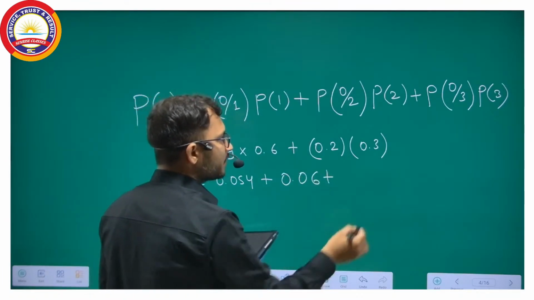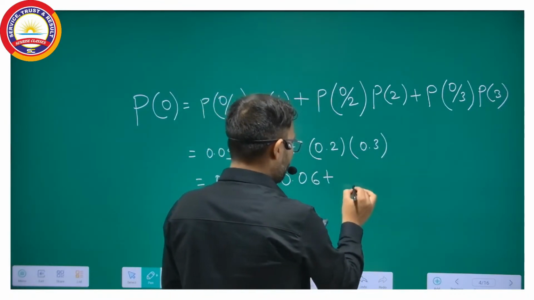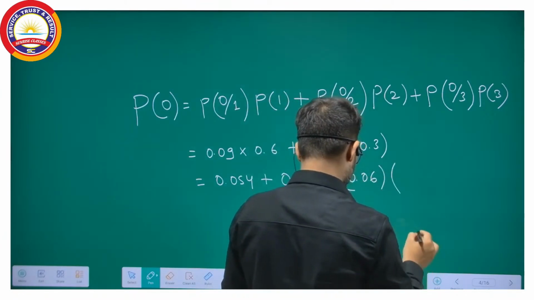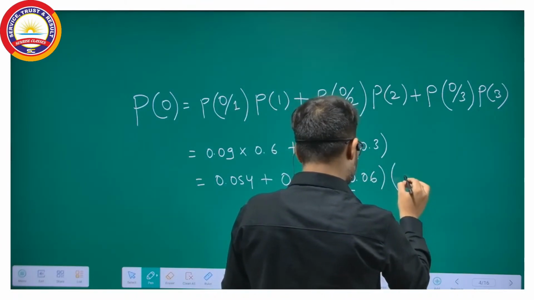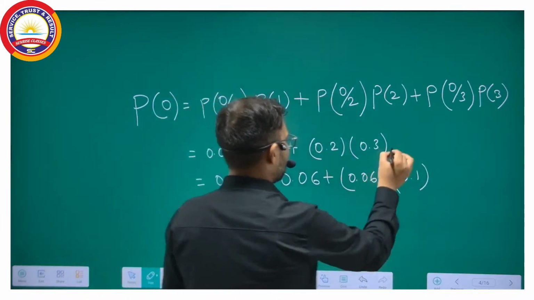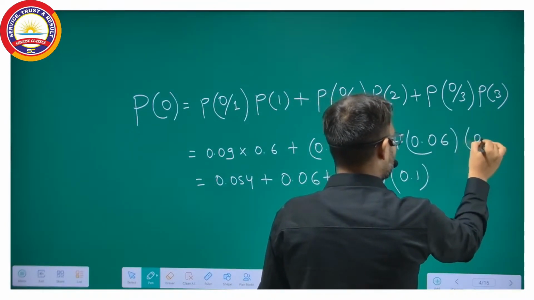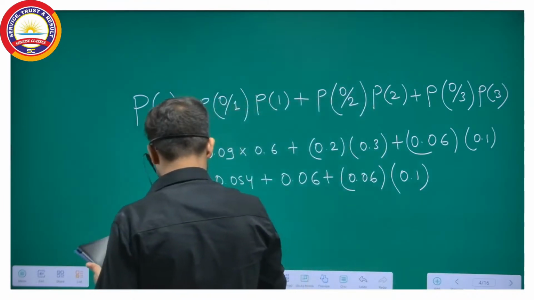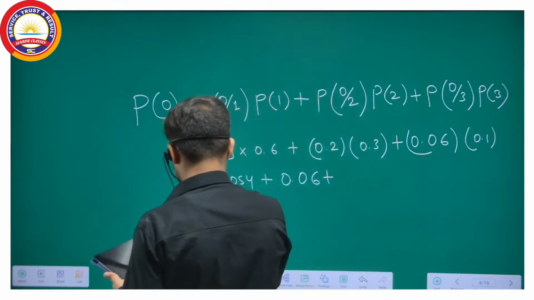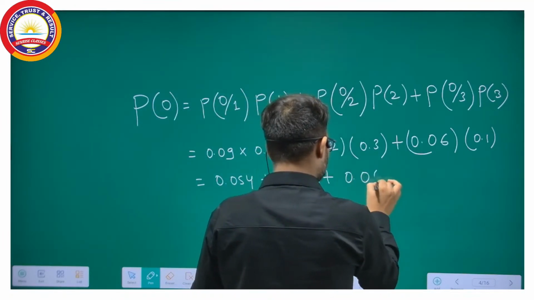and then plus probability of O given 3, this is 0.06, and into probability of 3 is 0.1. So yes, 0.006 will be this. Okay, sorry for that. 0.06 into 0.1, and so this will be 0.006.